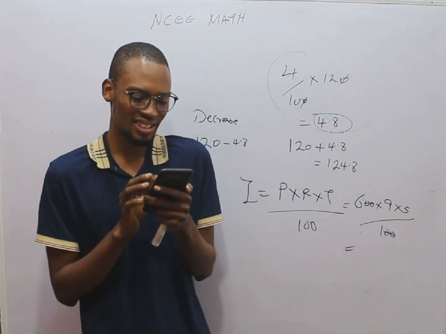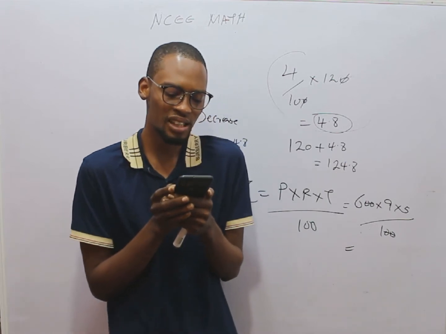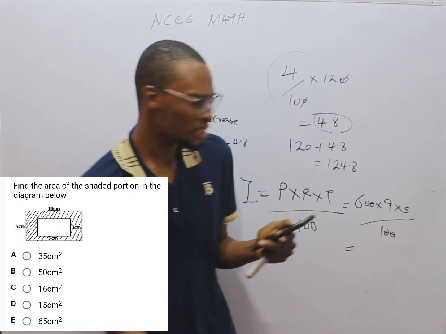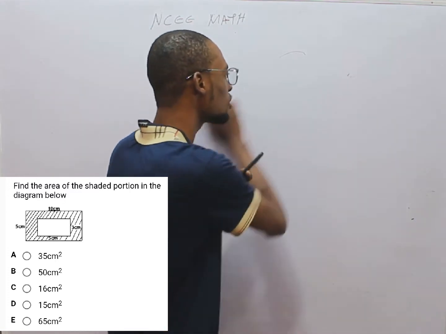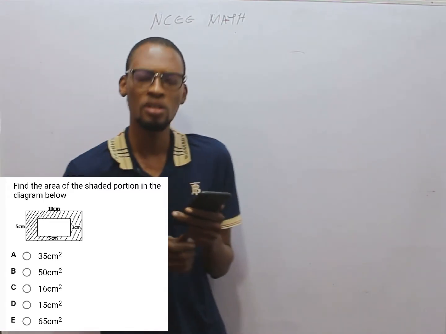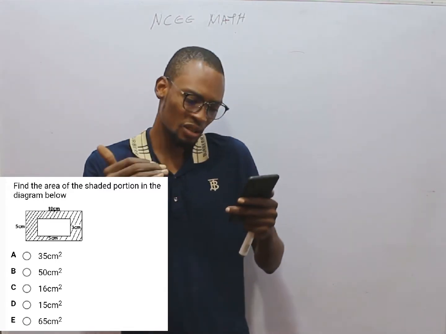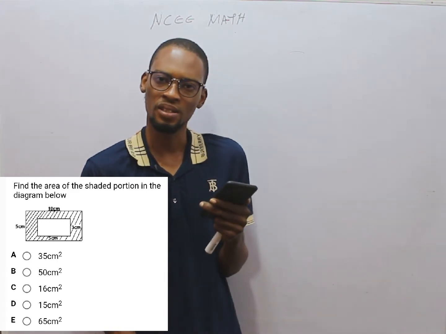And look at this. It says find the area of the shaded portion in the diagram below. This diagram shows us two rectangles. To find the area of the shaded portion, you find the area of the big rectangle, you find the area of the smaller rectangle, then you subtract.